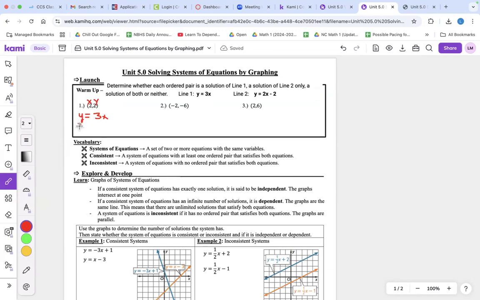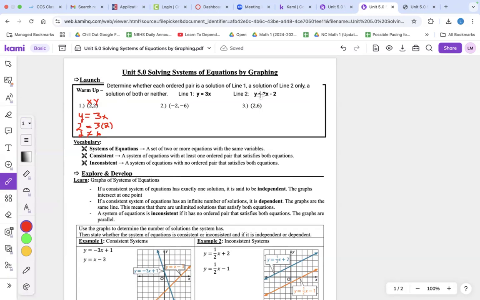So here we're going to put 2 equals 3 times this 2. So our answer is 6 equals 2. That is not true. Not a solution, so put a slash through your line.